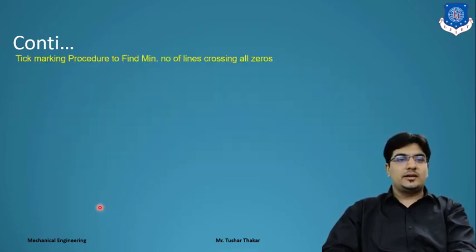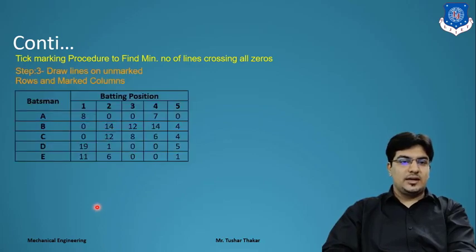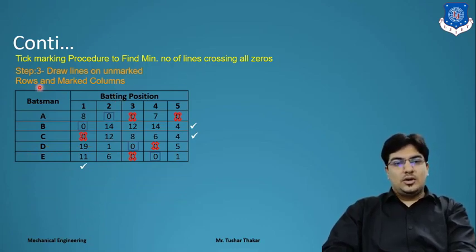We have to draw lines on the unmarked rows and marked columns. So here the unmarked rows are row 1, that is A batsman, D batsman and E batsman. So we put 3 lines here, and the marked column is only 1, so we can draw a line over here.